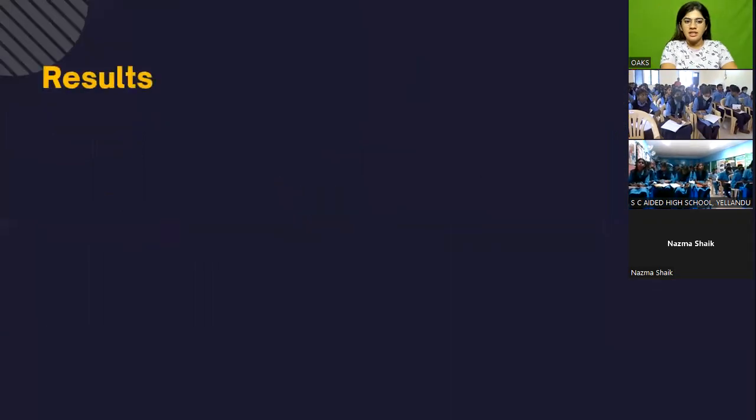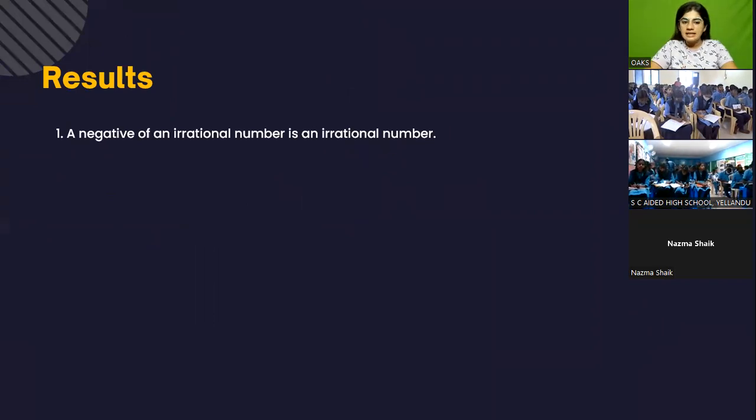Irrational numbers. Do you remember? I just told you in the last lecture, the negative of an irrational number is an irrational number. So if root 2 is irrational, then so is minus root 2. If root 5 is irrational, then so is minus root 5. If pi is irrational, then so is minus pi. Clear, everyone?